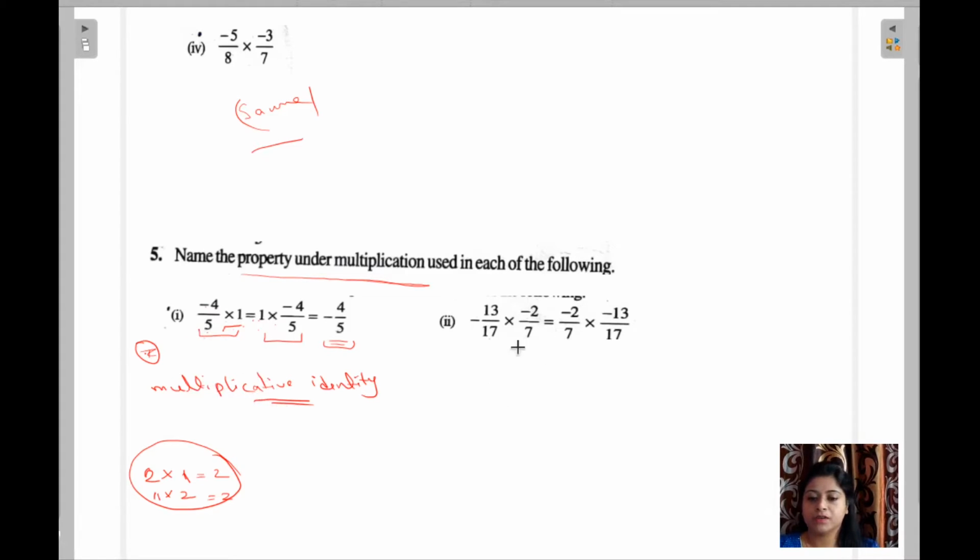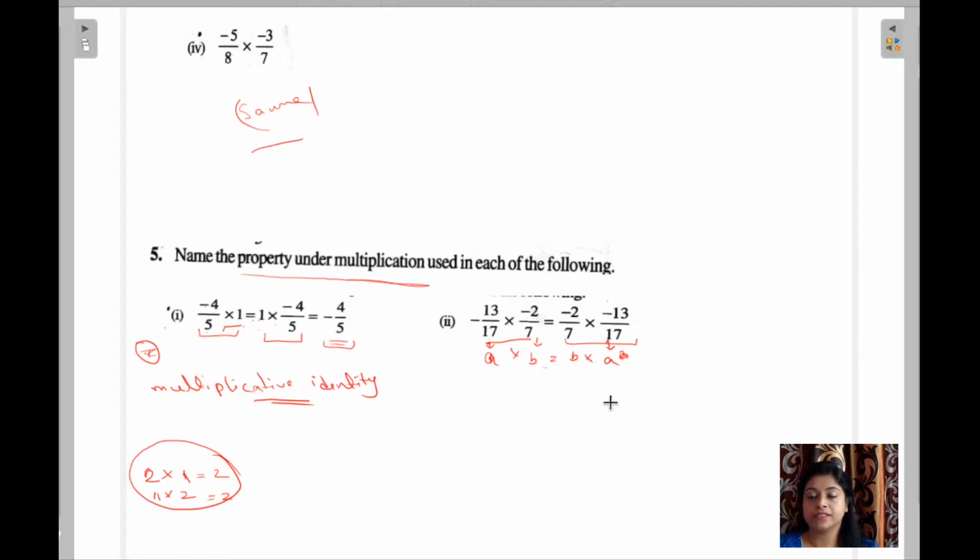Now number 2. Minus 13 by 17 multiplied by minus 2 by 7 equals minus 2 by 7 multiplied by minus 13 by 17. See, the position is changing. In the first, minus 13 by 17 is in the first position, and in the second term it is in the second position. If we write minus 13 by 17 as A, and suppose this is B, minus 2 by 7, then A multiplied by B equals B multiplied by A. Which property is this?